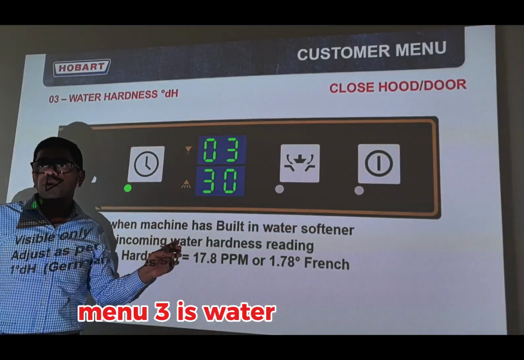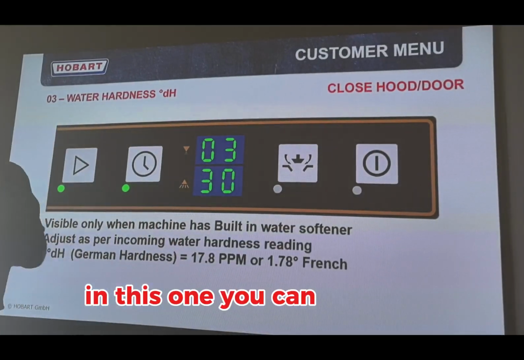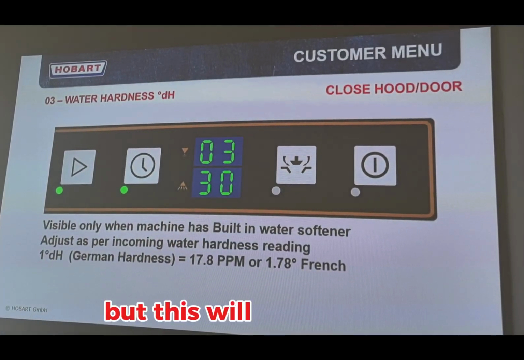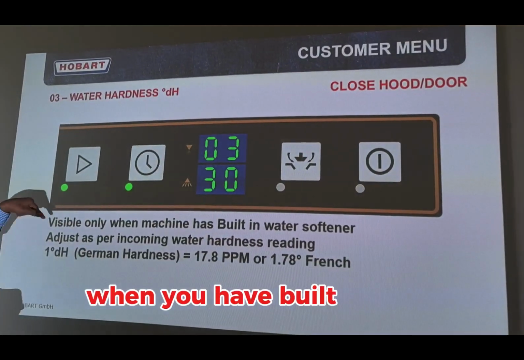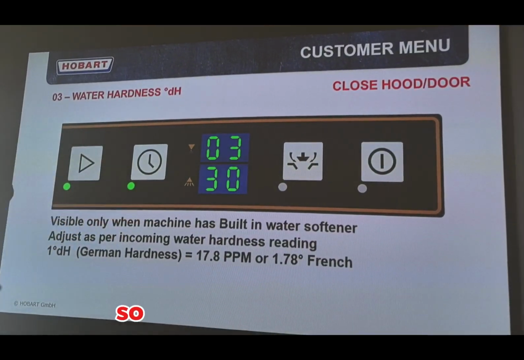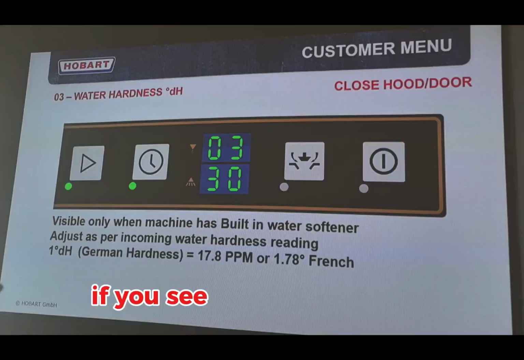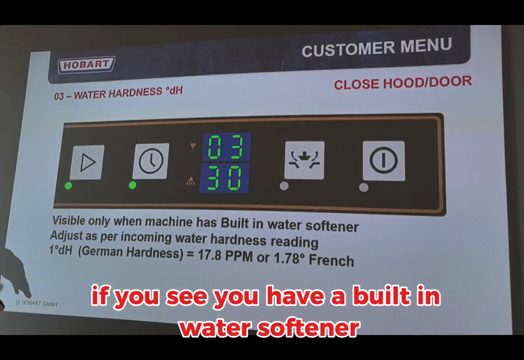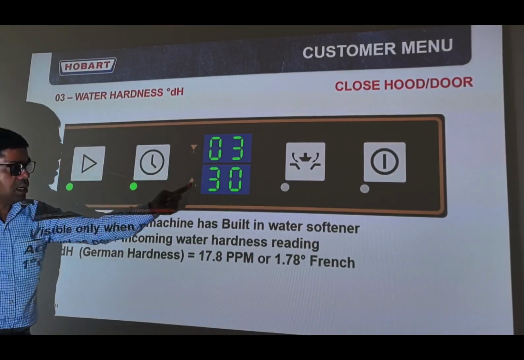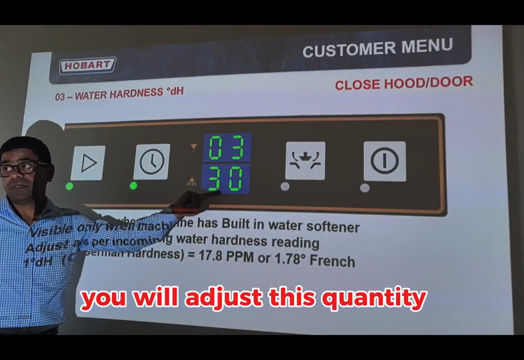Now I'm showing menu 3. Menu 3 is the water softener menu. In this one you can adjust the water hardness, but this will only be visible when you have a built-in water softener in the machine. So no need to worry here. If you see you have a built-in water softener, you will adjust this quantity.